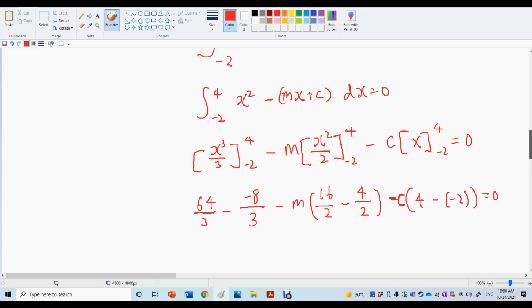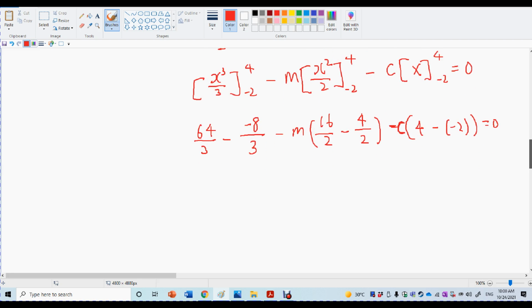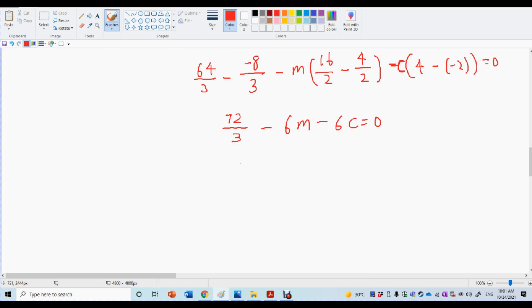Remember what we need to do now is express c in terms of m. The first one is 72, and the second one is 12m, and that should be plus 6c. So 72, that's 24, minus 6m, minus 6c equals 0.